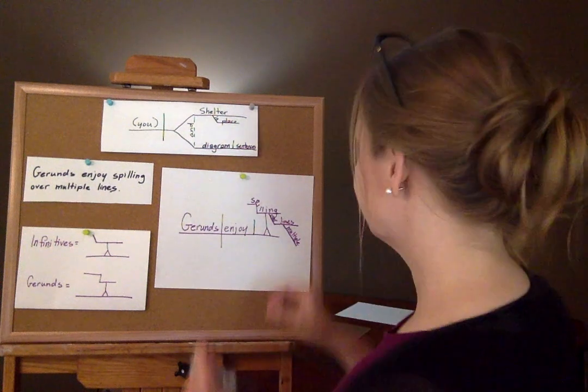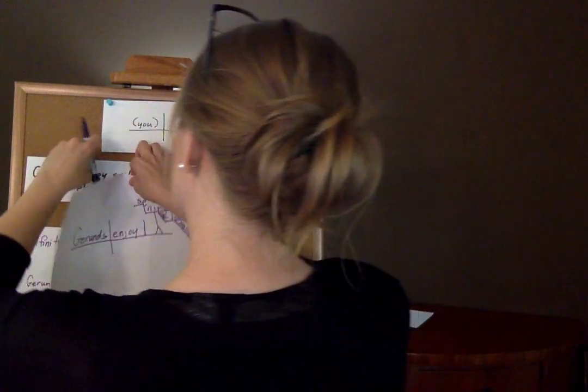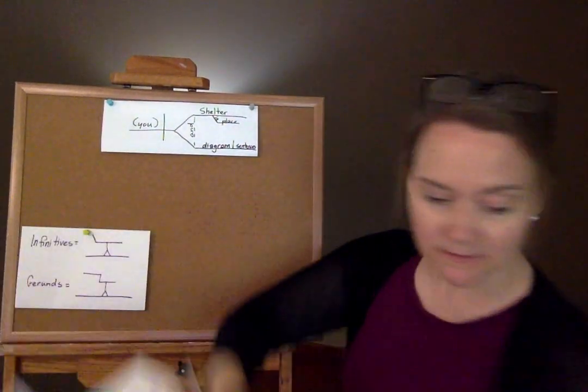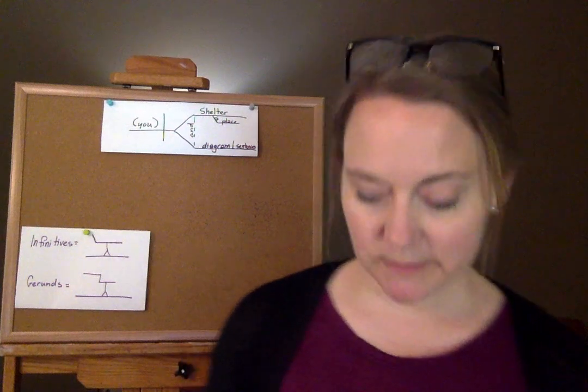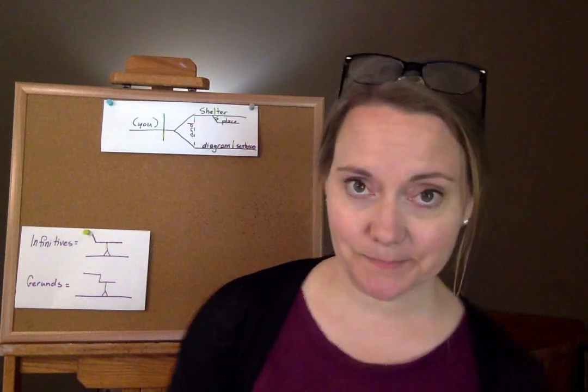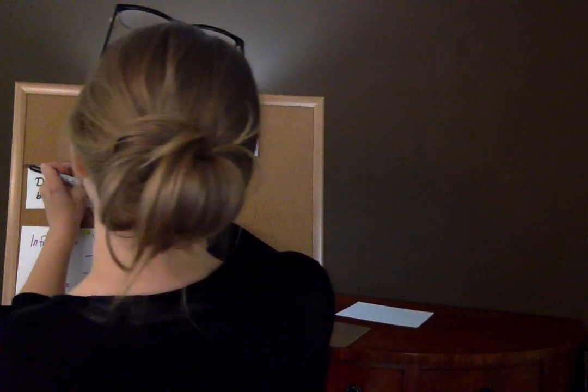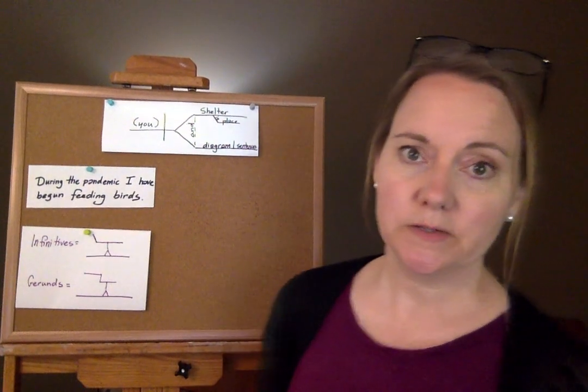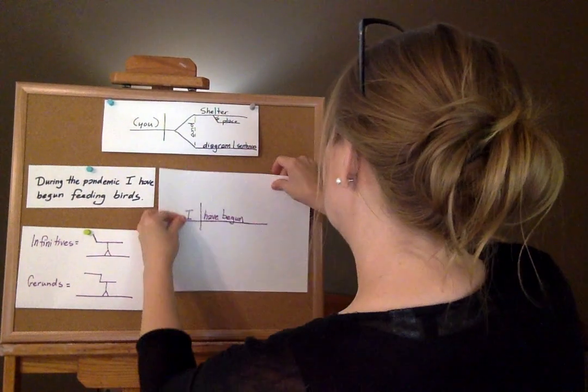One more sentence. This next one I chose because there are two ing words. One is a gerund and one is a preposition. So you have to decide. You can't just say, oh, it's an ing word, it's a gerund.